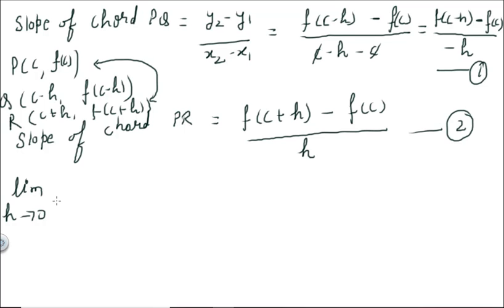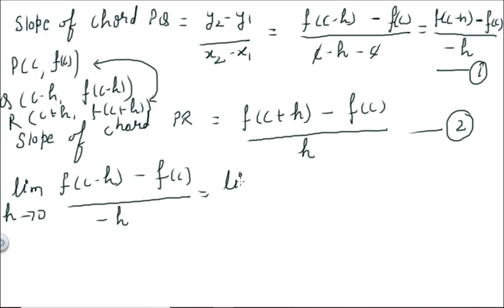Now applying this to equation 1, I will write how. Limit h tending to 0 of f of C minus h minus f of C divided by minus h.